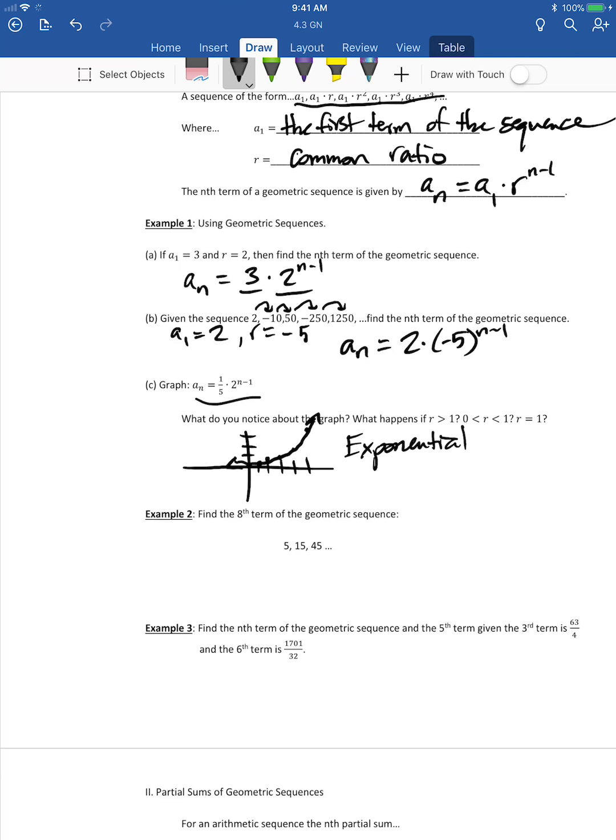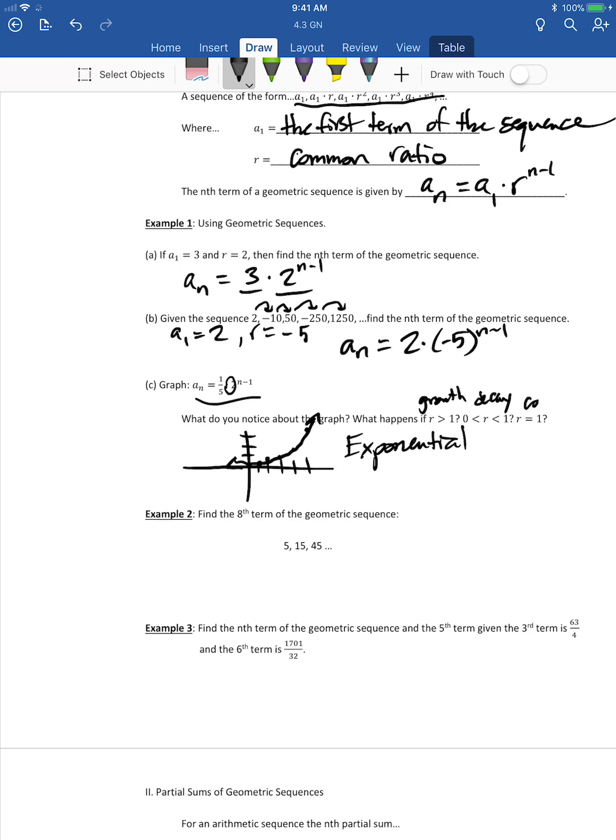So what happens if r is greater than 1? So remember, r is this number that we're raising to a power. It is the base. If r is greater than 1, then we're experiencing exponential growth, just like in this example. If r is a fraction between 0 and 1, we're experiencing decay. And then if r equals 1, then no matter what power I'm raising it to, it's still going to be 1.